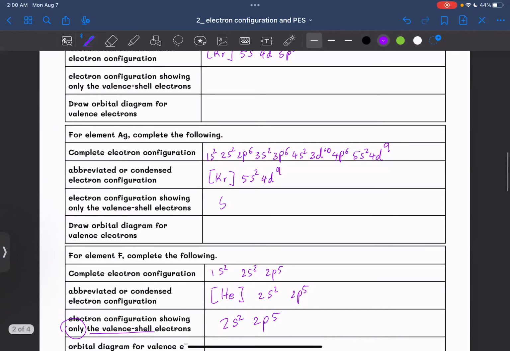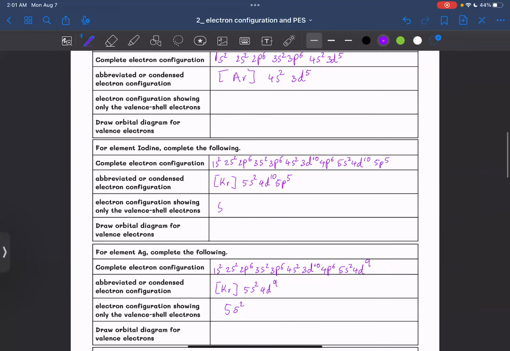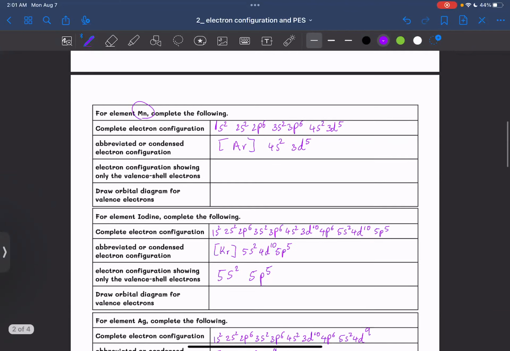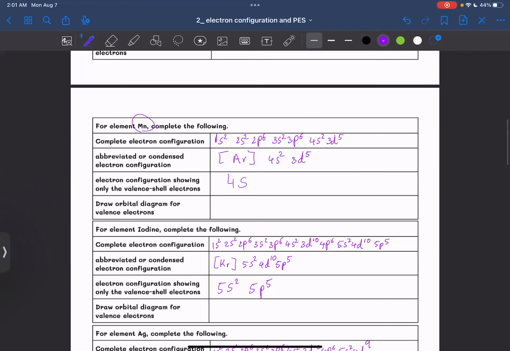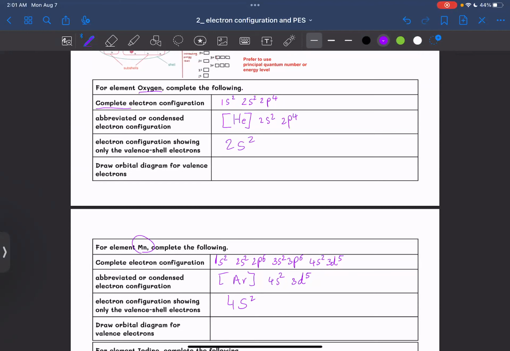You ignore them. Just S and P. So this one is just, again, S and P. It's 5s2, 5p5. S and P, so 4s2, S and P, 2s2, 2p5.